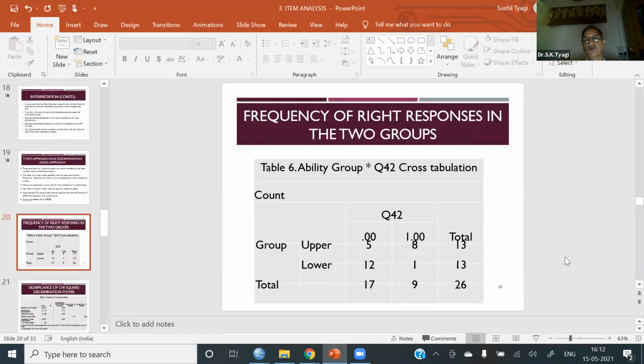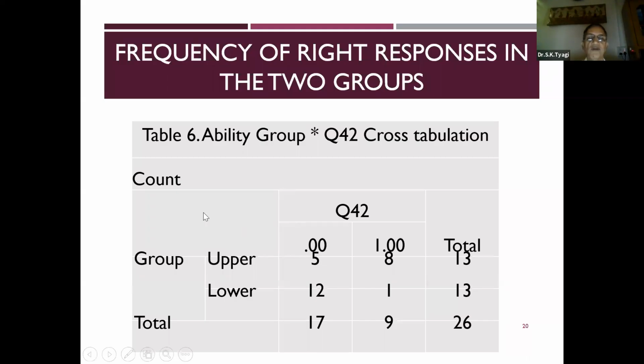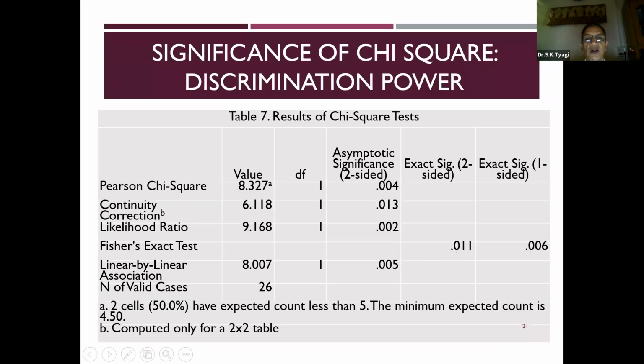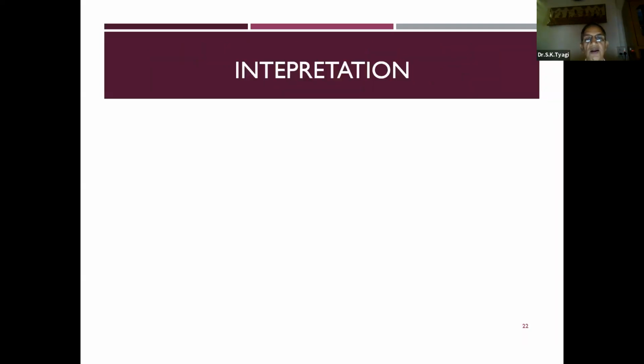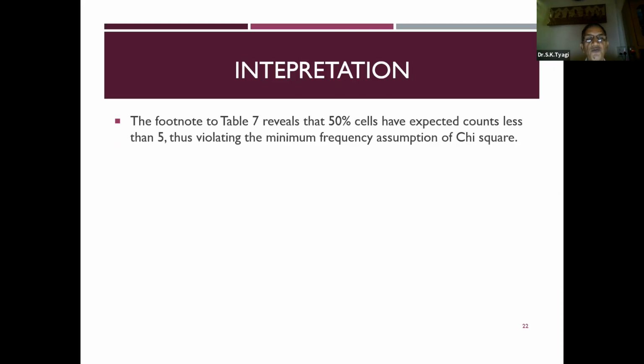Frequency of right response in the two groups. So I demonstrated how to get this table, ability group by question number 42 cross tabulation. Next, this is the result of the chi-square test and other associated tests. Now I am writing the interpretation. The footnote to table 7 reveals that 50% of cells have expected frequency less than 5.